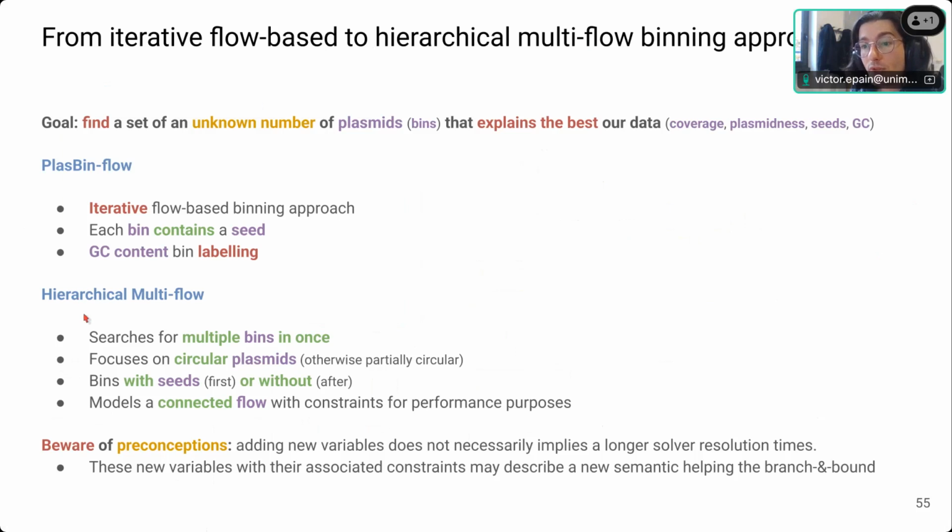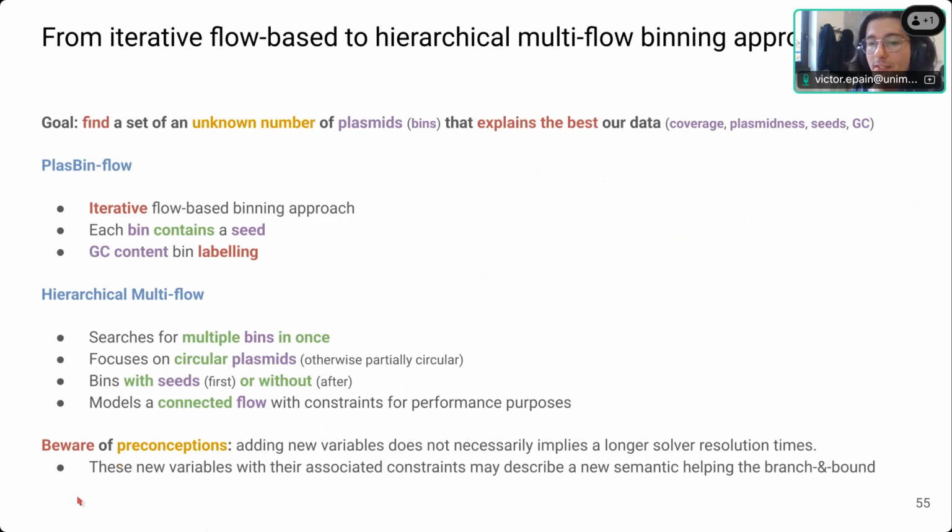I proposed a hierarchical multiflow approach, which searches for multiple bins at once, focusing on circular or partially circular plasmids, first with seeds, and then without any obligation of containing a seed. We model connected flow with constraints directly in the MILP, and we add some performance constraints.